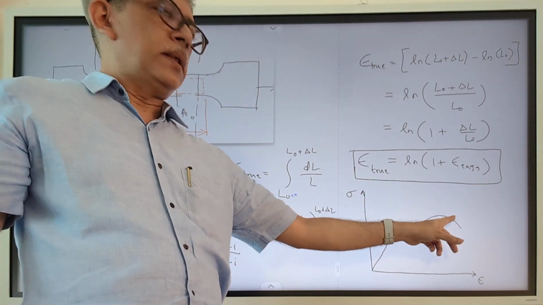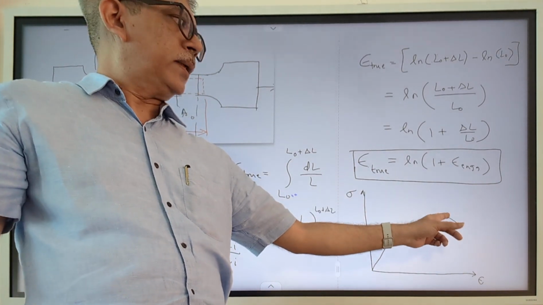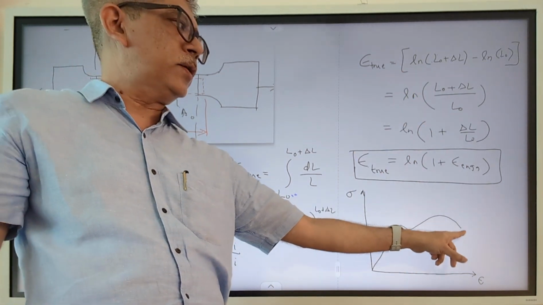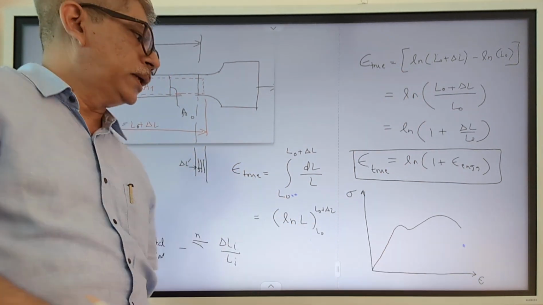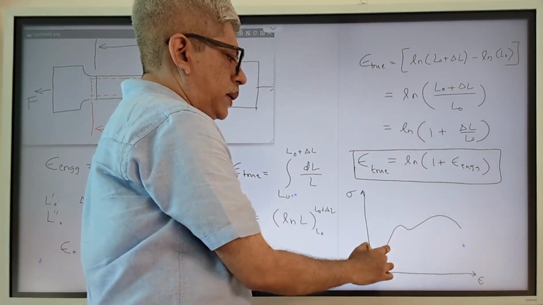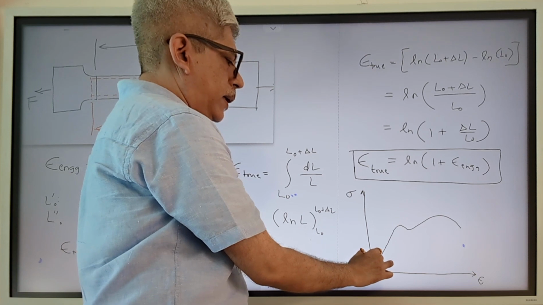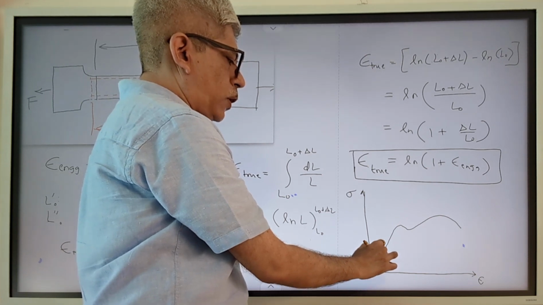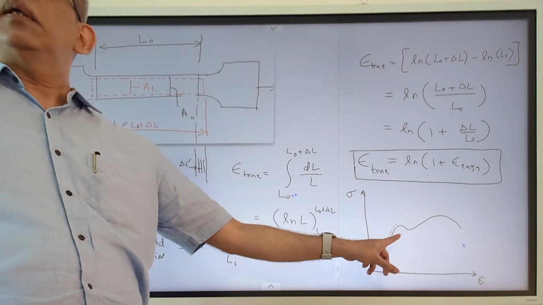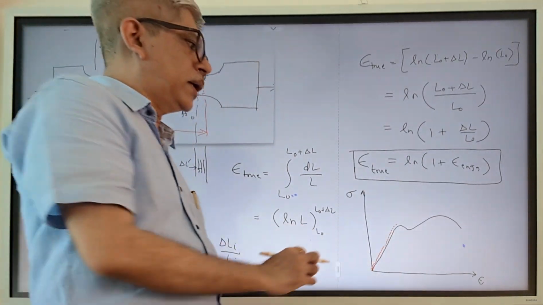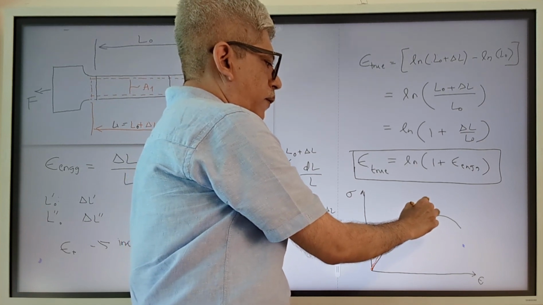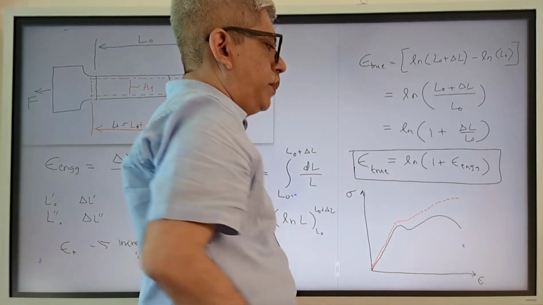Since towards the break we are not considering the reduction in area, that is the necking effect, you will find that load will go down. If you plot the true stress strain curve, it will look different. In the elastic region, it will almost follow the original curve, slightly above the engineering stress strain curve. But in the plastic region, you will find substantial difference, and it will always keep on increasing.